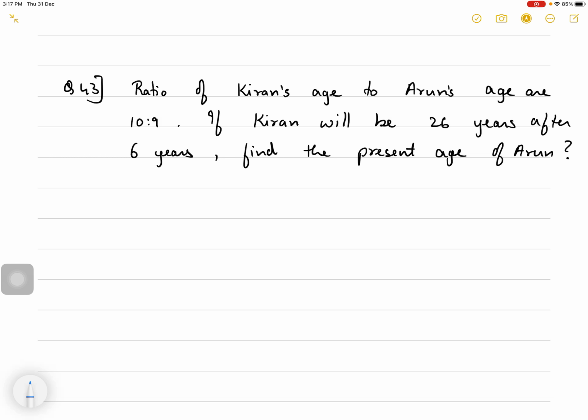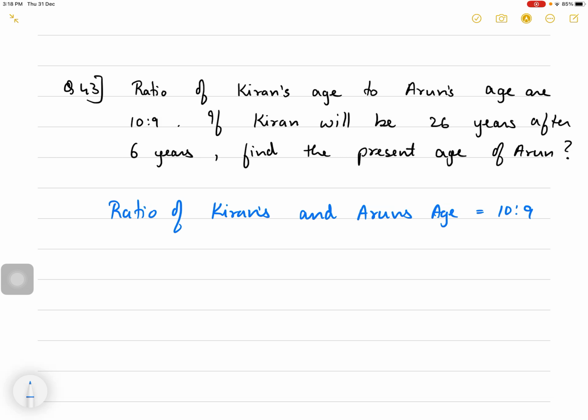So I'll just write that: the ratio of Kiran's and Arun's age is equal to 10 is to 9.